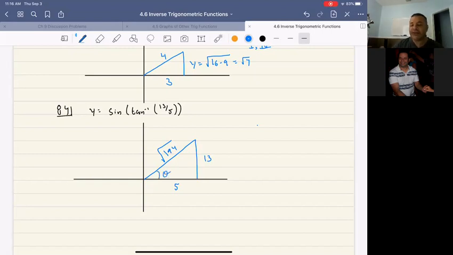The sine is 13 over the square root of 194, which we, of course, rationalize. I have a feeling I can simplify that. So 194 is 2 times 97. 97, I'm pretty sure, is prime, so we're stuck with that.